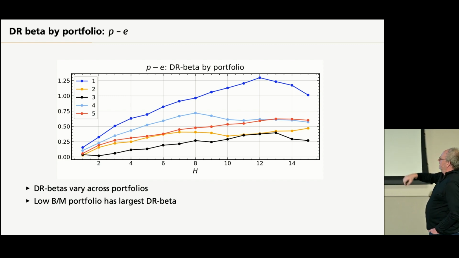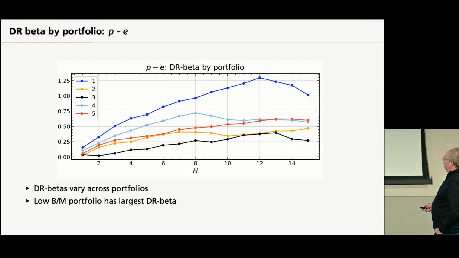One thing you see here is that the low book-to-market portfolio has by far the highest discount rate forecastability using the PE ratios, and the other ones are more muted. So a lot of these high discount rate betas might be due to the low book-to-market growth portfolio.